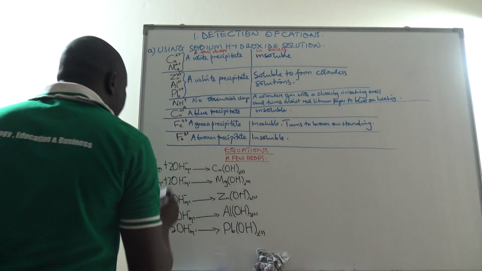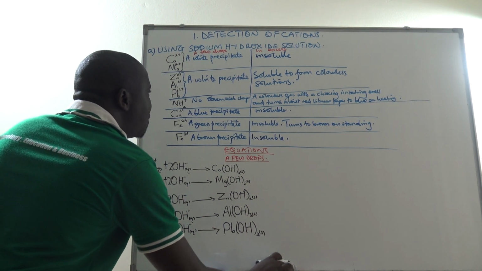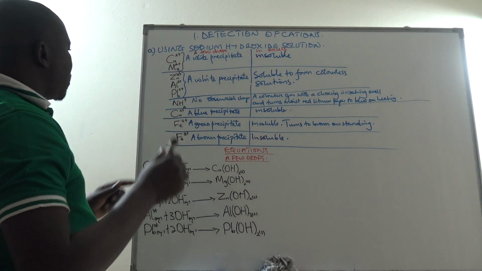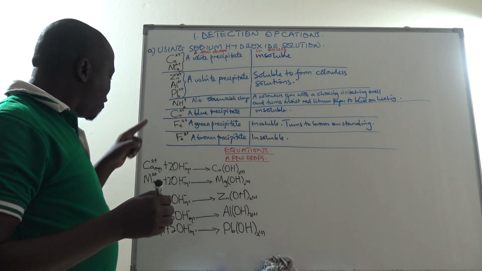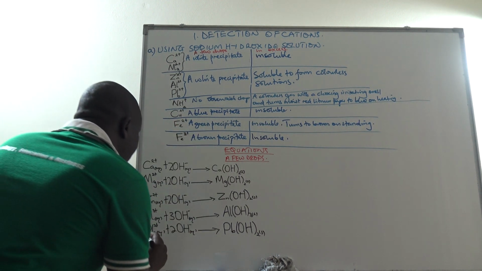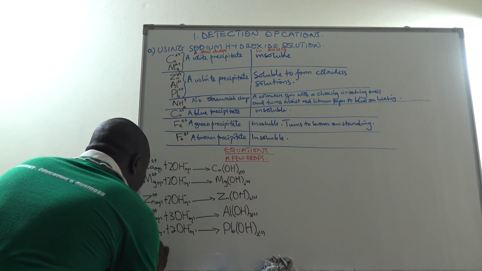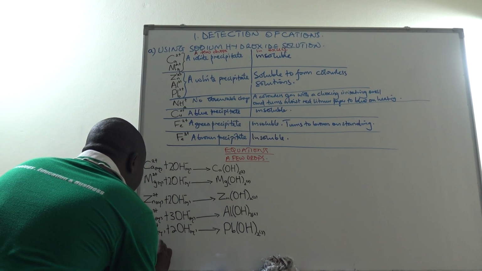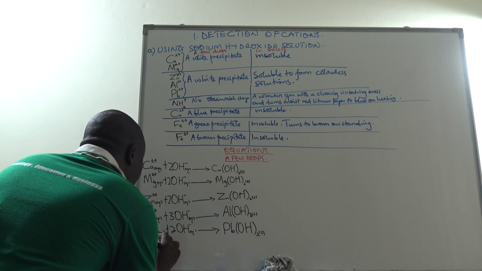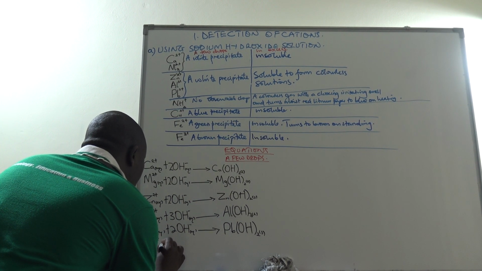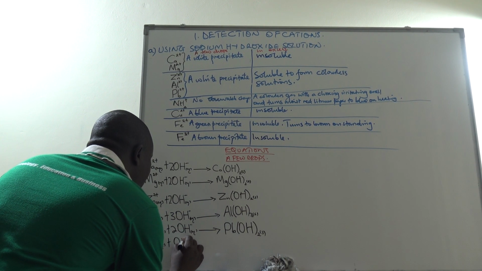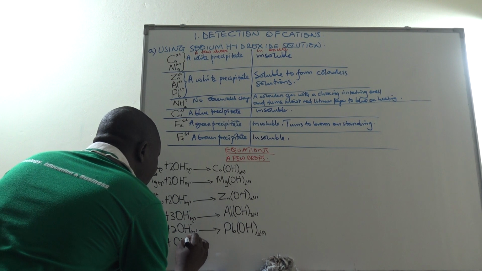So let's come to ammonium ion. We see that ammonium ion gives us no observable change. It doesn't mean that it does not form a hydroxide. It forms it, only that the hydroxide is a soluble hydroxide. It is an alkali, not just a base, but an alkali. So ammonium ion will combine with the hydroxide ion, but only one, because it is a monovalent cation.